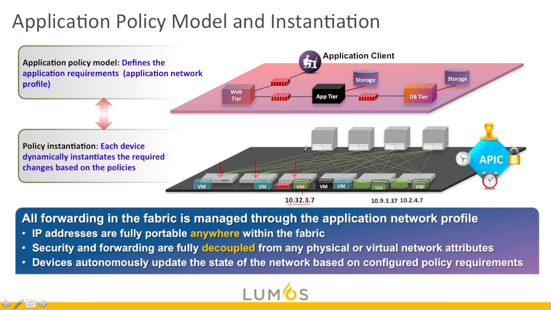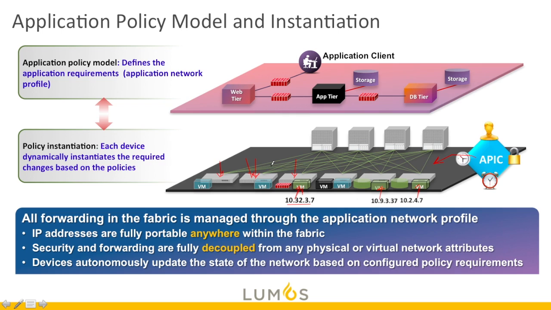Another advantage to a centralized forwarding or centralized controller is that, for example, this leaf right here does not have any virtual machines that are this dark green here. So we don't have to program in any of the forwarding rules or ACLs or anything like that, or stand up any VXLAN VTEPs. We don't have to do any of that because it's not necessary.